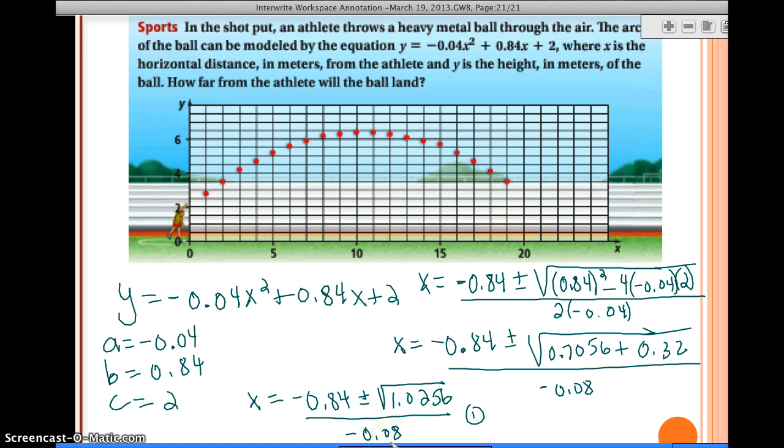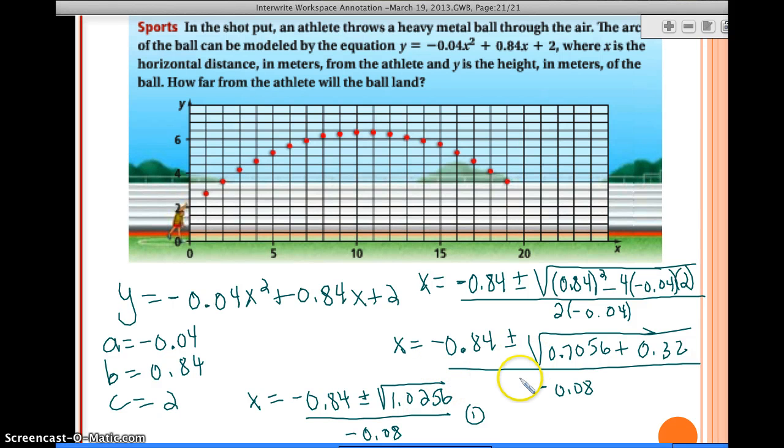So in your calculator, take the square root of the 1.0256, enter that, and then add to it negative 0.84, and then divide that by negative 0.08.